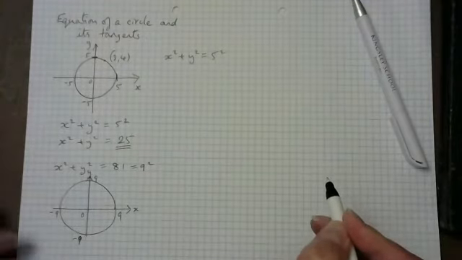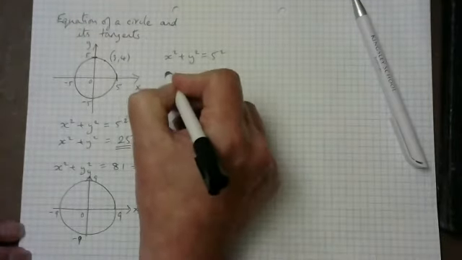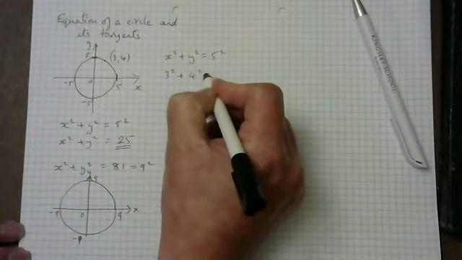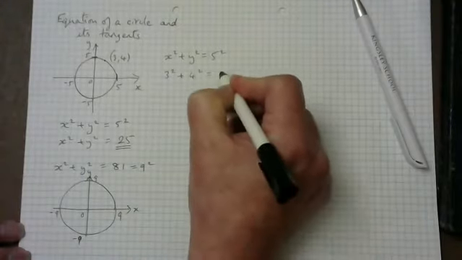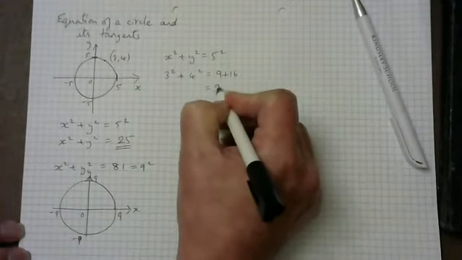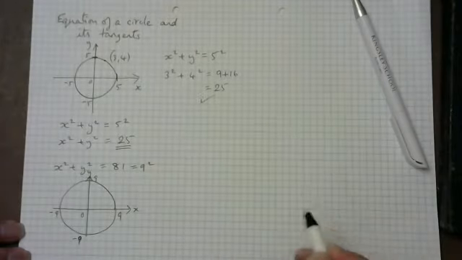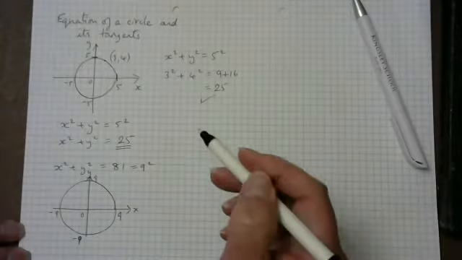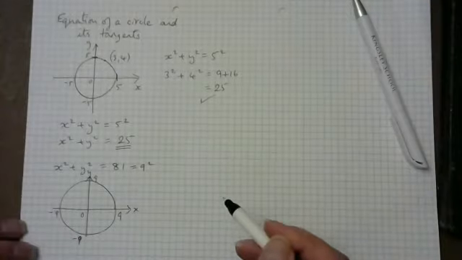And if I take the point 3, 4, then 3 squared plus 4 squared equals 9 plus 16 equals 25. So that works. That is a point on this circle. Okay? I know that's a point on this circle.